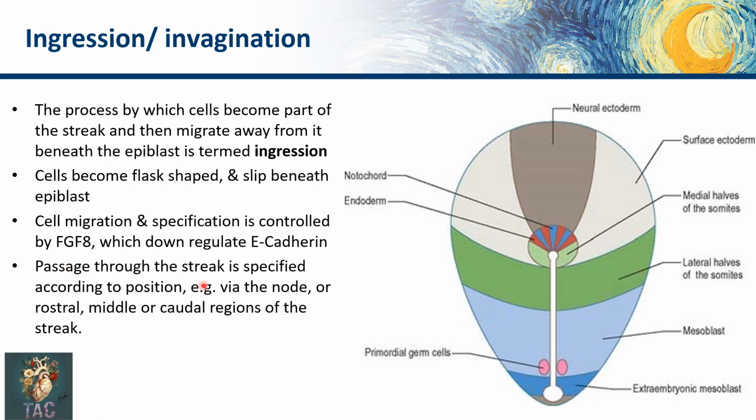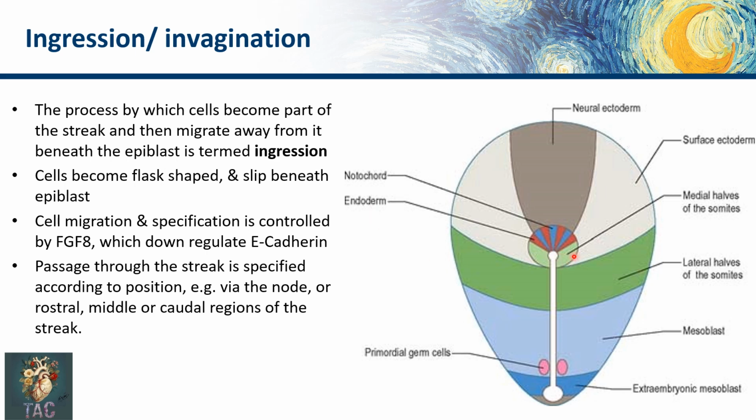So passage through the streak is specified according to position. This is also very important. The cells which are migrating via node or cranial or middle or caudal regions of the streak will form specific areas. So it is also called the fate map of the primitive streak. Here you can see this is the area of the primitive node, and the cranial most cells which are migrating through the primitive node will form the notochord and the endoderm.